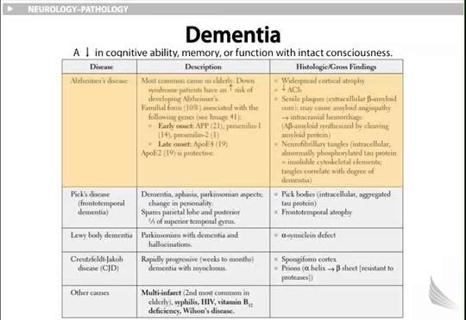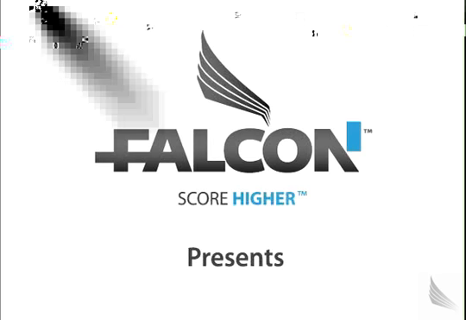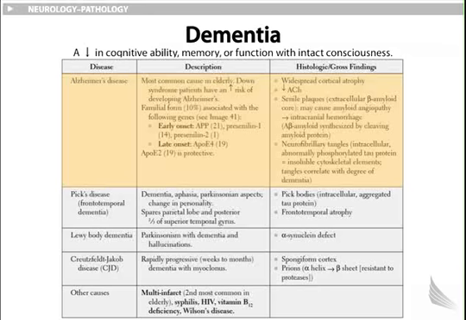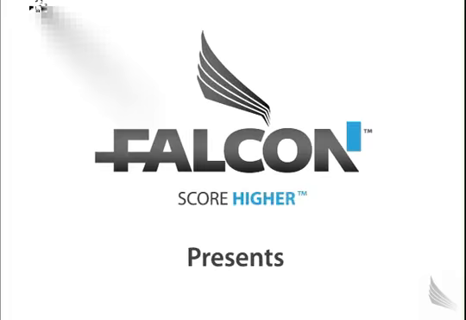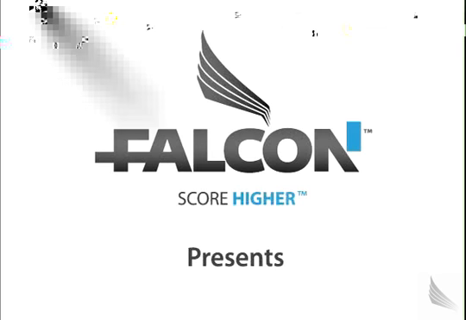Pathologically, what is found is widespread cortical atrophy, a decrease in acetylcholine derived from the nucleus basalis structures, multiple senile plaques, which are comprised of extracellular beta-amyloid core, which may cause an amyloid angiopathy, which can predispose patients to intracranial hemorrhage. Amyloid beta is synthesized by cleaving the amyloid protein.